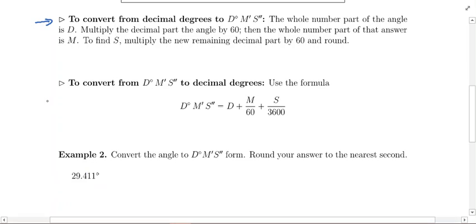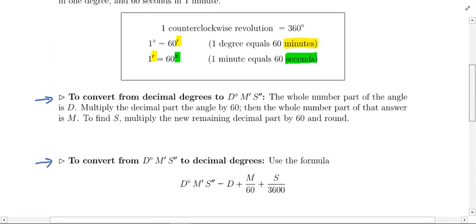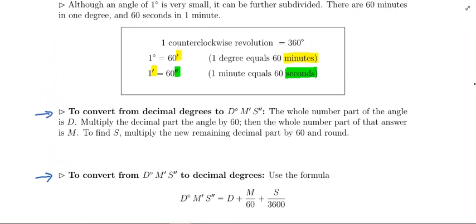Here's the rule for the flip. If you're converting from degrees, minutes, and seconds back into decimal degrees, you're just going to rely on what is in the box: 1 degree equals 60 minutes and 1 minute equals 60 seconds.